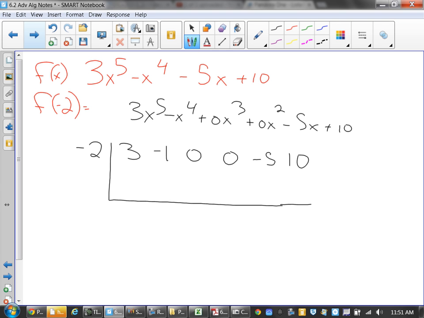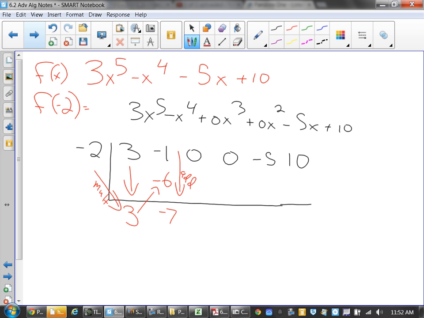Here's how this works. You drop the first term. You take negative 2 and you multiply times 3. What do you get? You write that here. Now what's negative 1 plus negative 6?